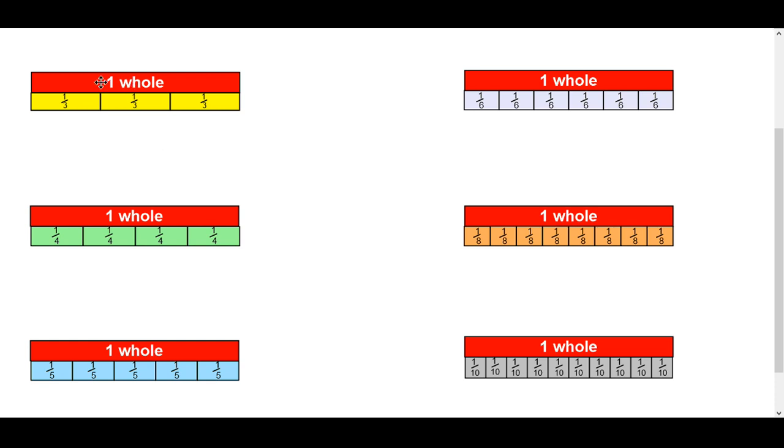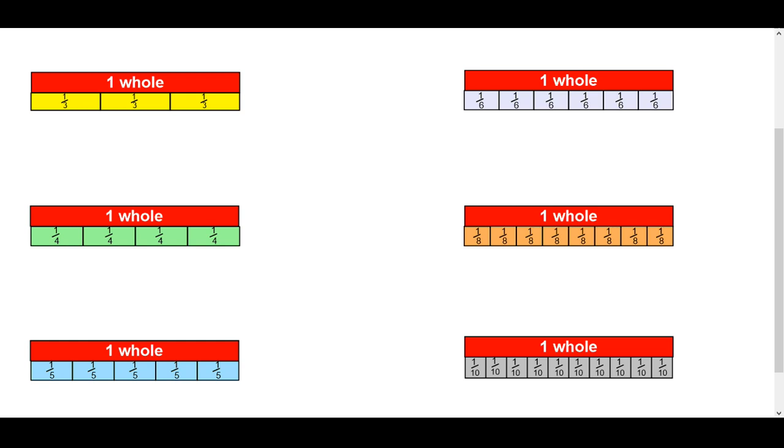So if we're doing one whole take away a third, it's basically what you are left with when you do that that is your answer. So if I'm saying 1 take away a third, well, the answer is 2/3, isn't it? You've got 2 left there. If you're doing 1 take away a sixth, then you've got 5 left over.